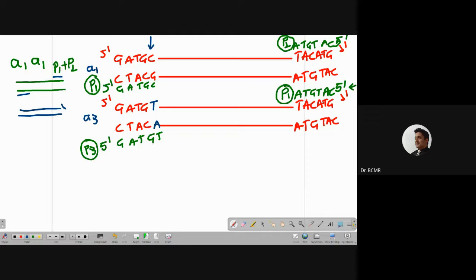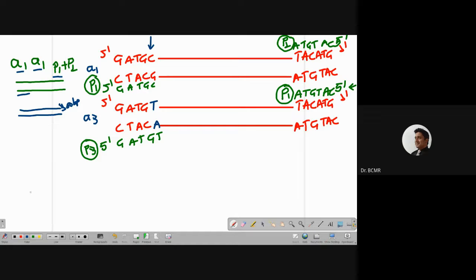Assume, based on what we did before, it is 300 bases. The person had 2 copies of A1, so there will be a product.